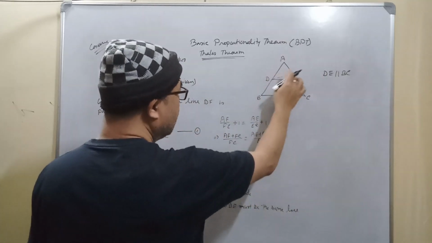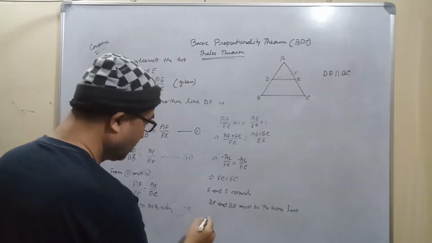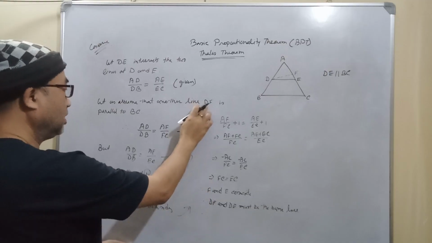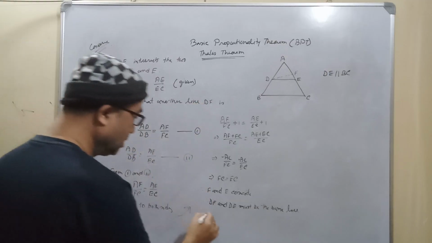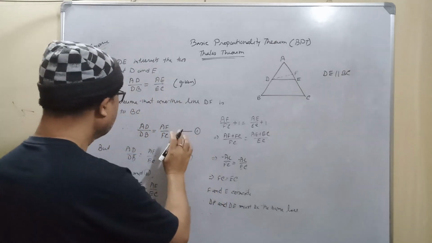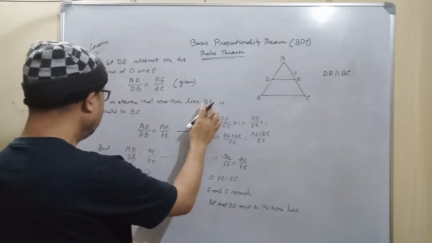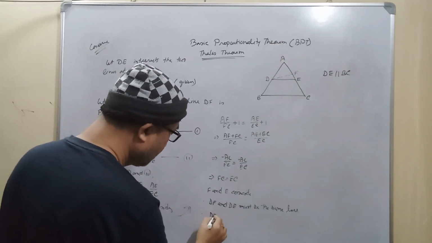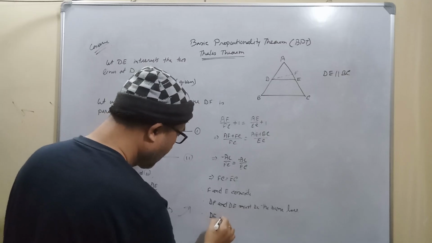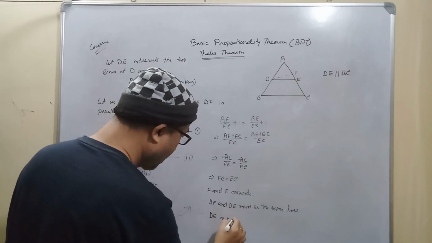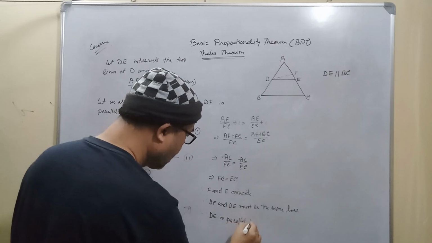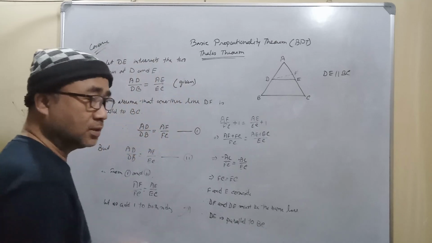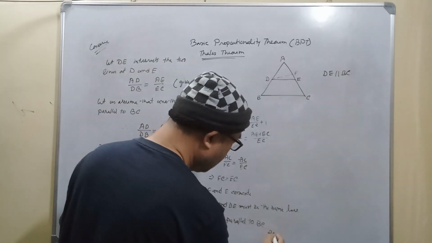These two coincide, so DF must be equal to DE, and since DF is already declared as parallel to BC, it follows that DE must be parallel to BC. Hence DE is parallel to BC, and we have proved the converse of BPT.